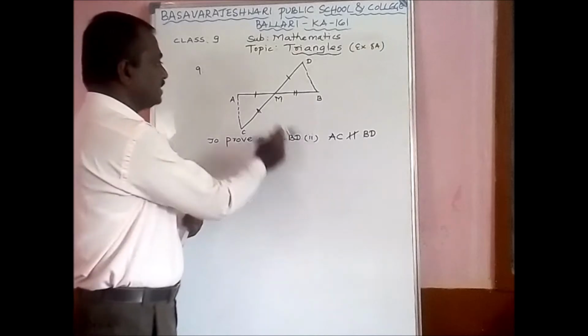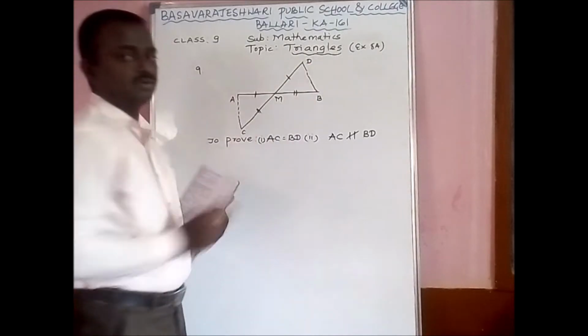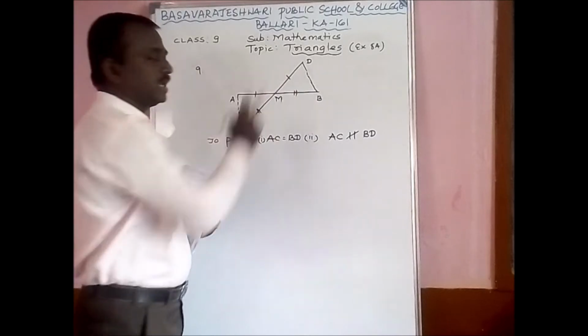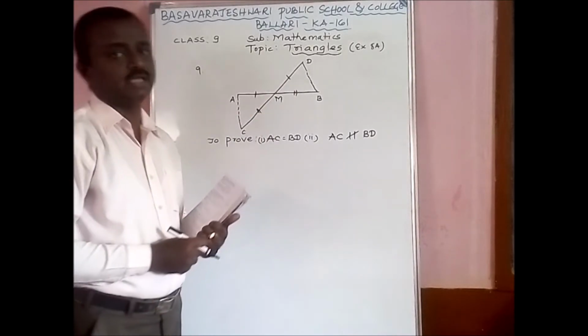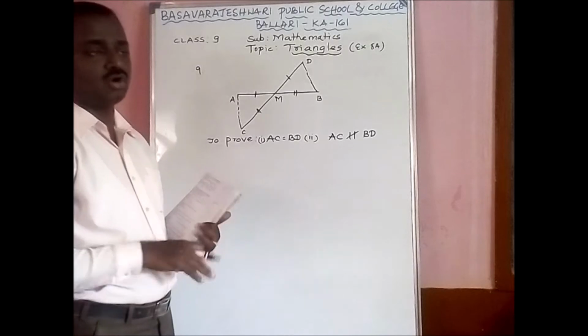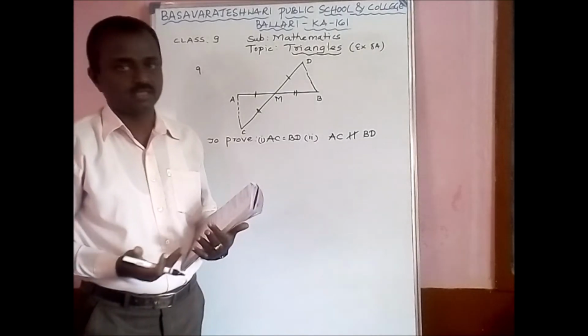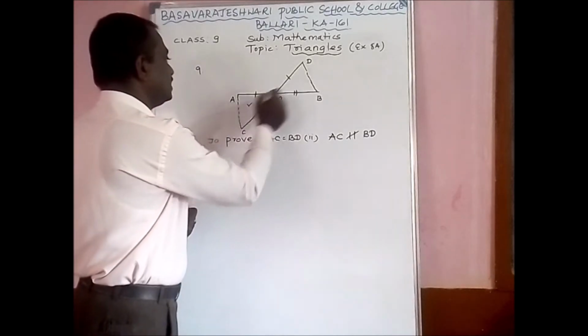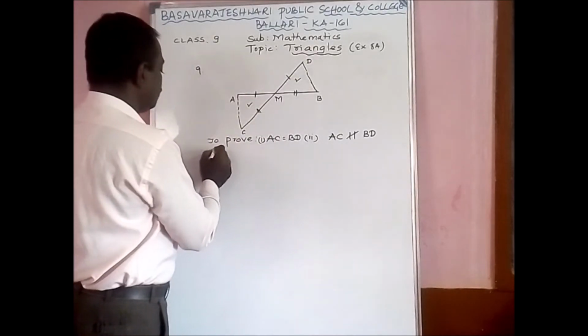So in order to prove AC is equal to BD, you have to consider the congruency of these two triangles. If the two triangles are congruent, then we can say congruent parts of congruent triangles are also equal to each other. Correct? So now I will consider these two triangles. Proof.